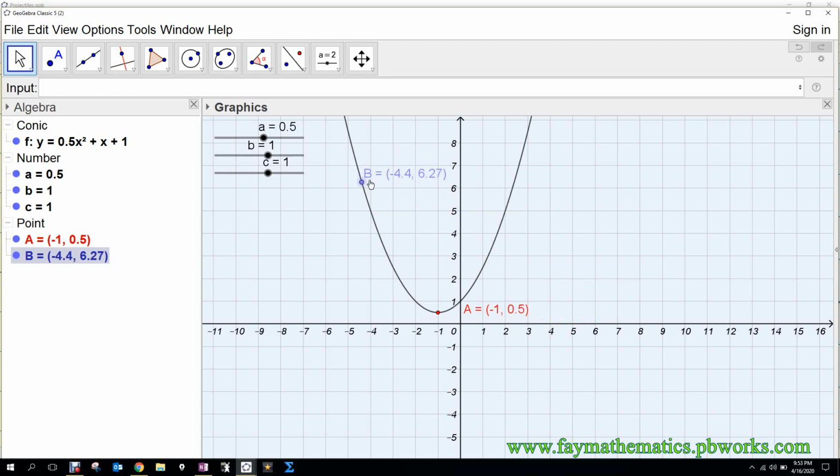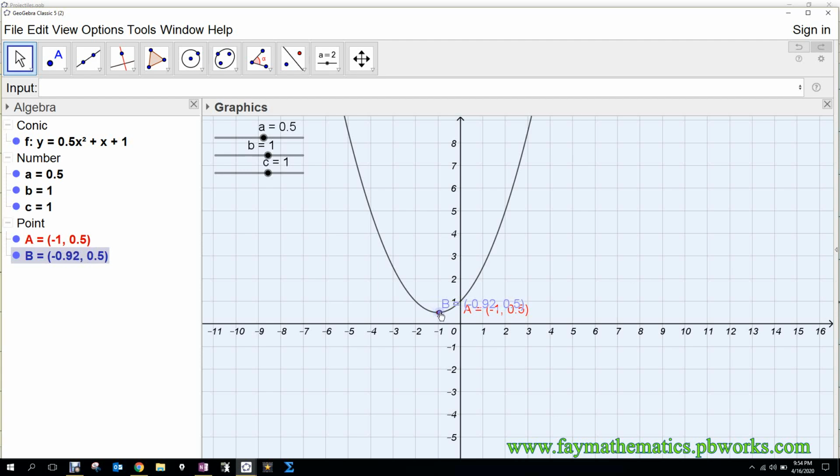Obviously, B at 6.27 or 6.82 or 7.42, that y value is bigger than that y value. As I move B, B is always going to be above that red point. See, 0.7, that's above 0.5. The only time that it's not going to be above is when it's exactly the same point.